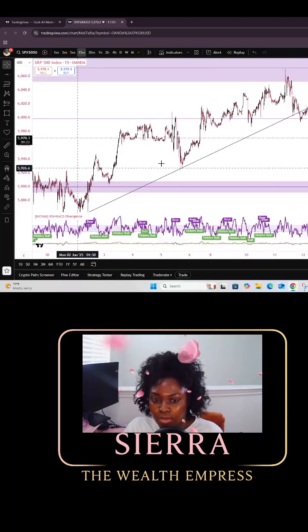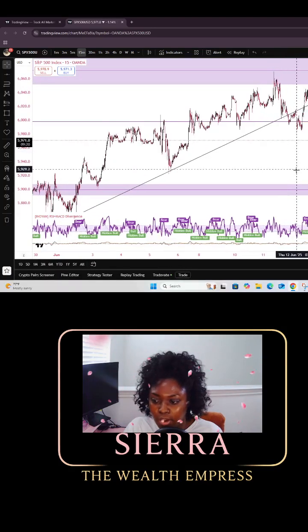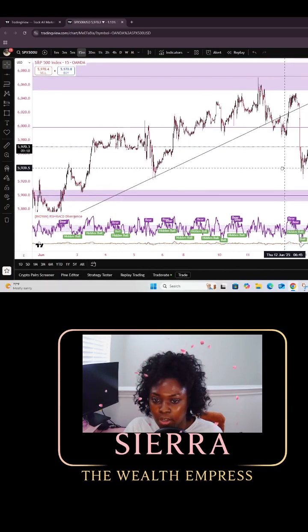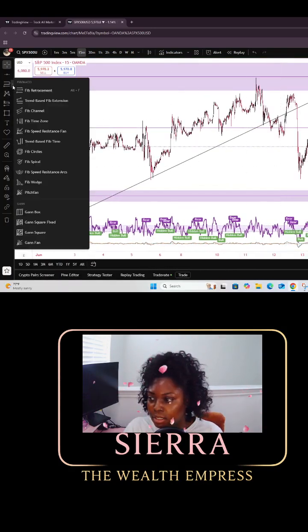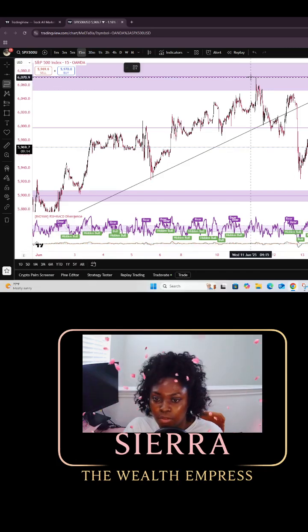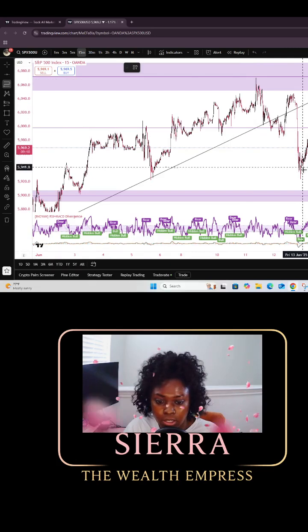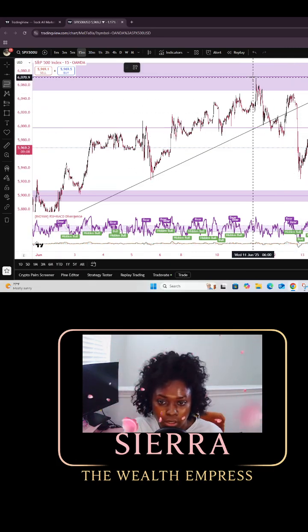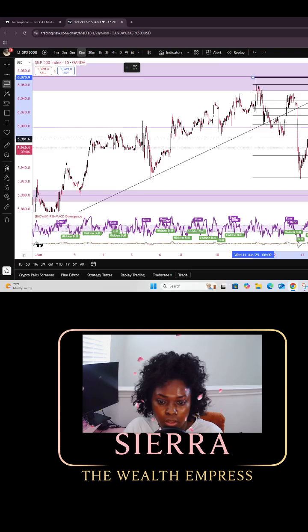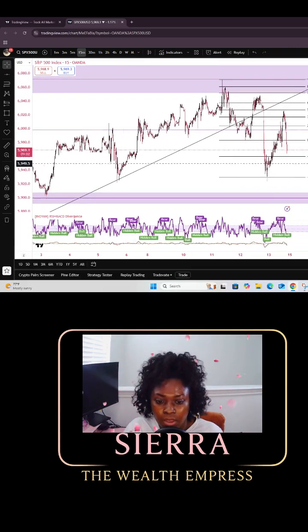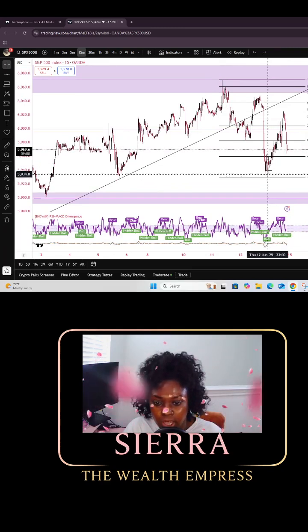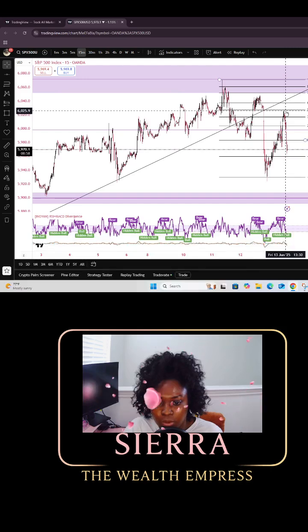I was looking for the trade that I caught last night. I know I had another zone right here, but this was our impulse right here. This is our correction, and this was our continuation. All right. Price came to the 618 and it reversed like it was supposed to do.